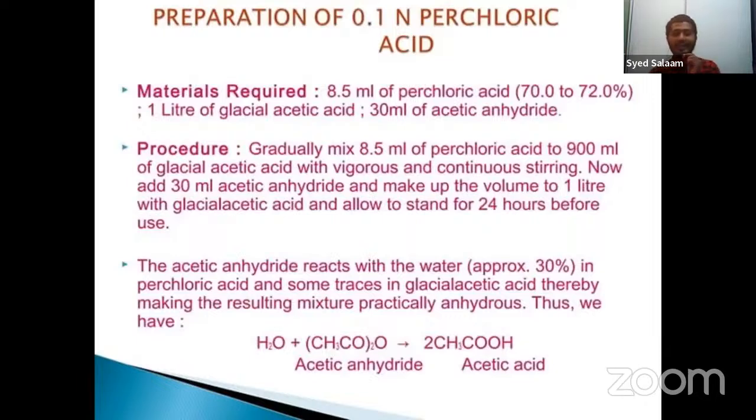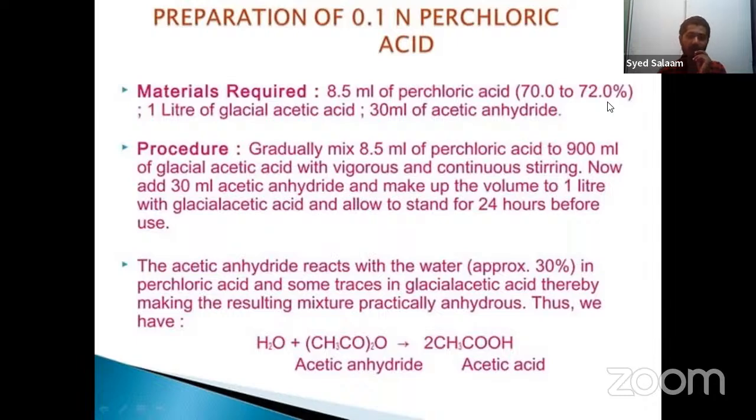Now we are taking an example: preparing 0.1 normal perchloric acid. How are we going to prepare it? We need to take 8.5 ml of perchloric acid, which comes in various percentages; here we take 70 to 72%.